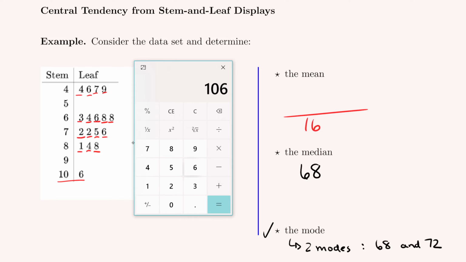If we've added that correctly in our calculator, we will get 1,169. We will then divide that by the number of entries.